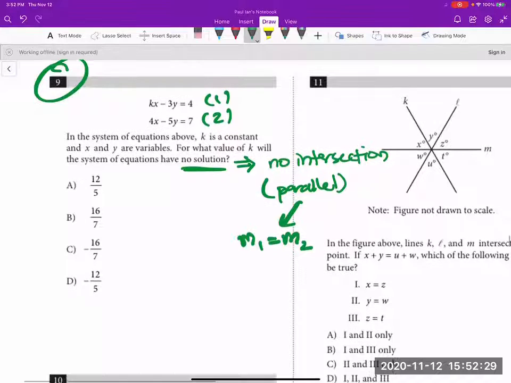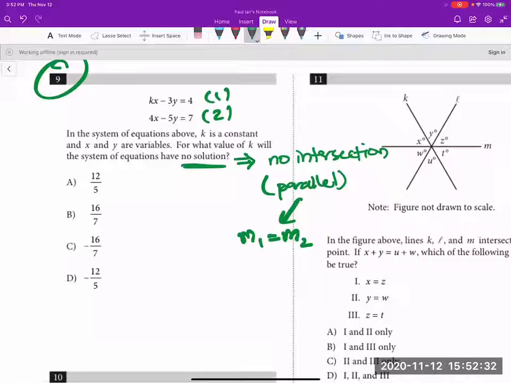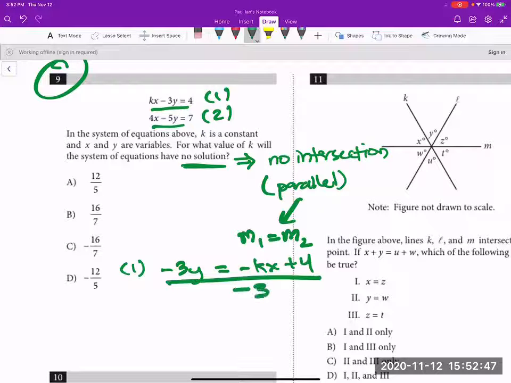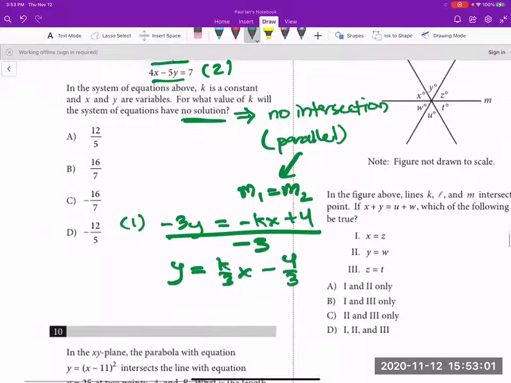In that case, the first thing I would do is, these are standard form, so make them slope-intercept form. The first one here is minus 3y equals minus kx plus 4, and you divide by minus 3, so that's k over 3 x minus 4/3.